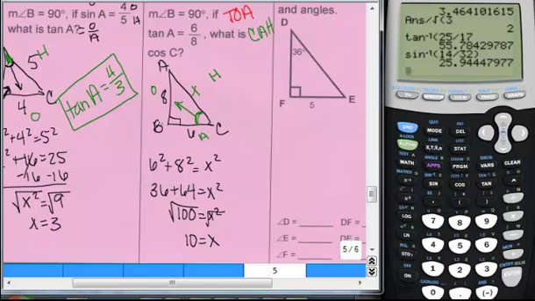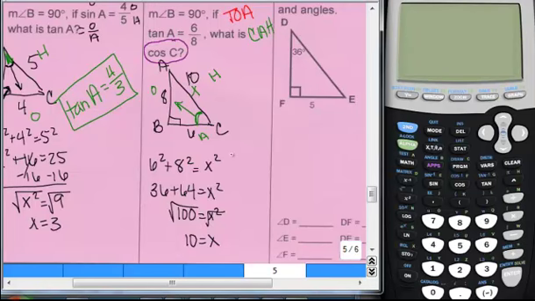So 3 times 2 is 6, 4 times 2 is 8, and 5 times 2 is 10. That makes our hypotenuse 10. So our cosine of C is adjacent over hypotenuse. Adjacent over hypotenuse is 6 over 10. And you don't have to reduce these. You can just leave it as 6 over 10.